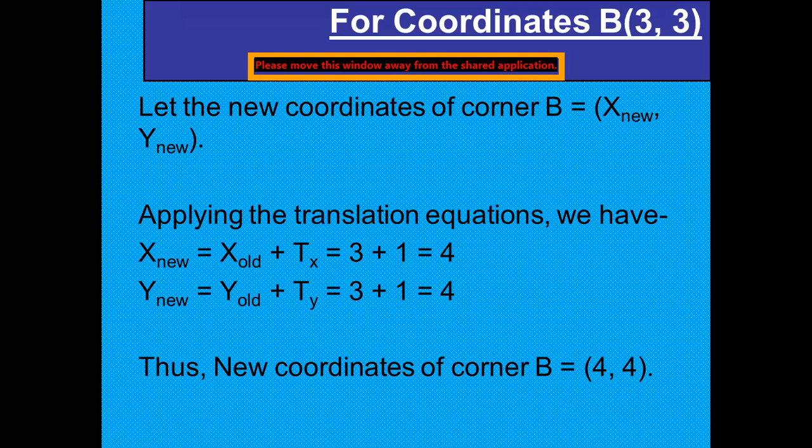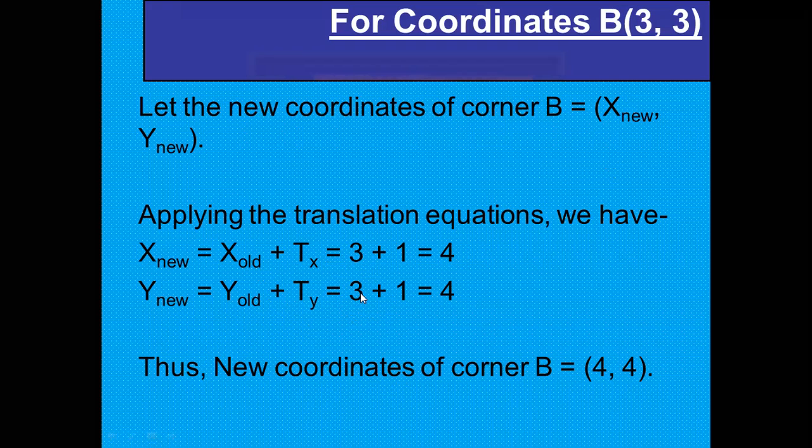Now similarly you can calculate for B, x new and y new, with the same method. You are already aware of the equations. Put the coordinates of vertex B, (3, 3), with tx, ty constant and already given as (1, 1). Now you can calculate (4, 4).